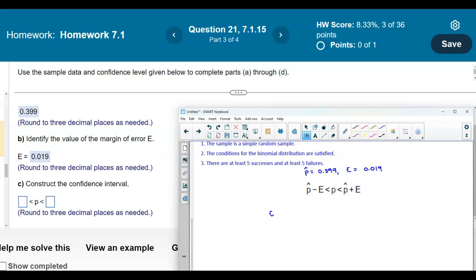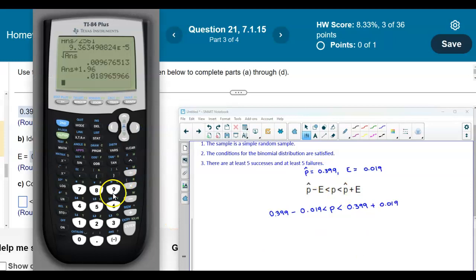On the left side, we take the point estimate 0.399 and subtract the margin of error of 0.019, and on the right side, we take the point estimate and add the margin of error. So 0.399 minus 0.019 gives us 0.380 for the lower limit.